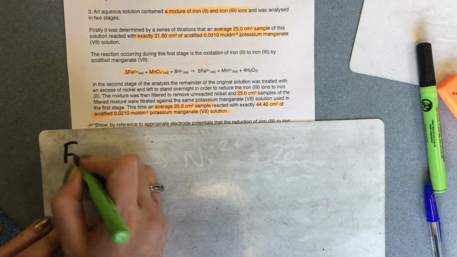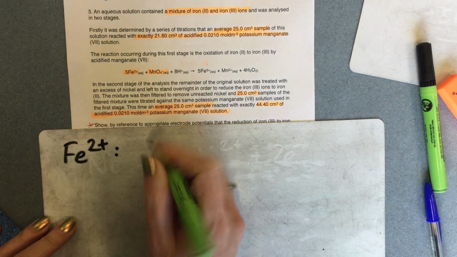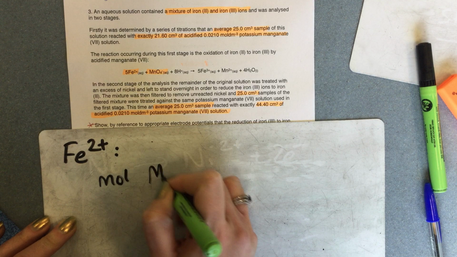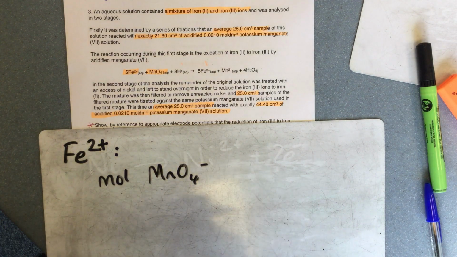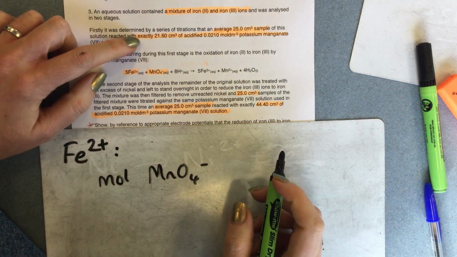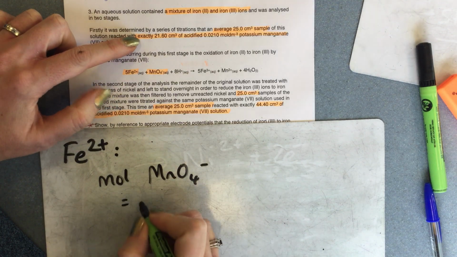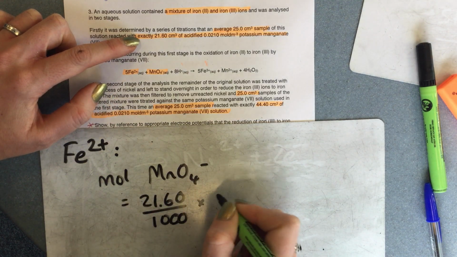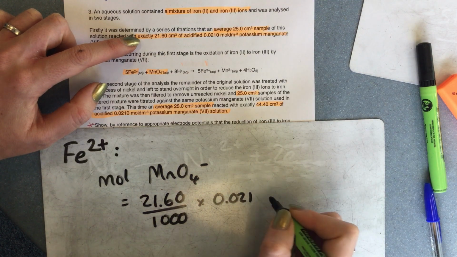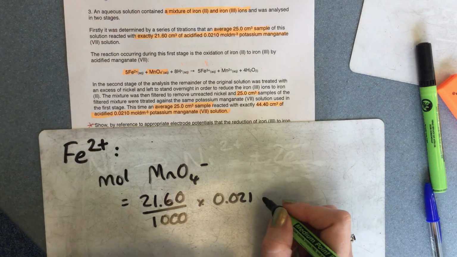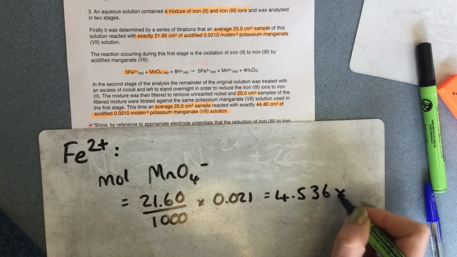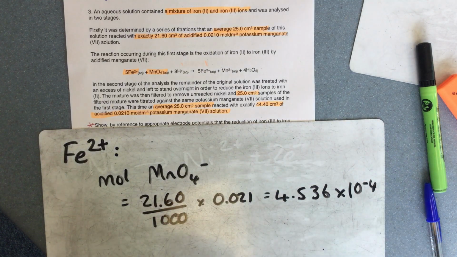So for my Fe2+, I'm going to work out my moles of manganate, which is 21.60 over 1,000 times 0.021, and that gives me 4.536 times 10 to the minus 4.